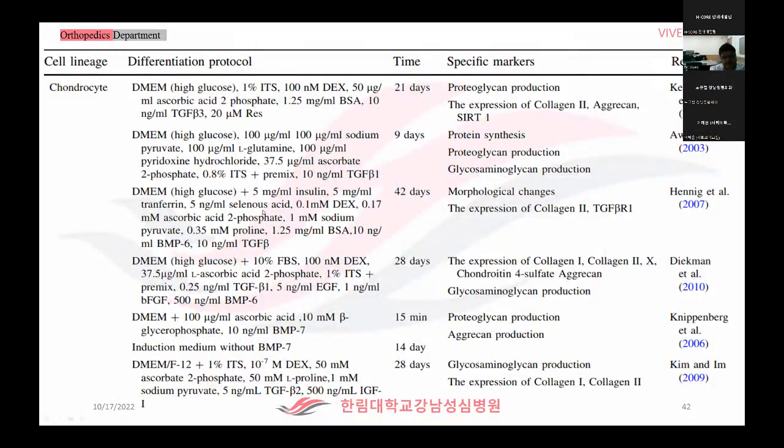Instead of the glycero form, they use an inorganic type of phosphate in the media, and this can provide a specific role, like protein synthesis and proteoglycan production. Similarly, it can be converted into chondrocytes. So there are so many types of protocols known, and these protocols can easily be adopted for development of chondrocytes from adipose-derived stem cells.